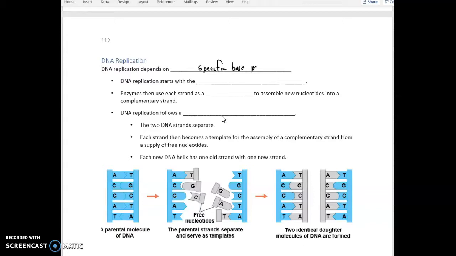And by that, I mean that A is always going to go with T and C is always going to go with G. So DNA replication is going to begin with separation of the two strands. And then enzymes use each strand as a template to assemble a new strand.